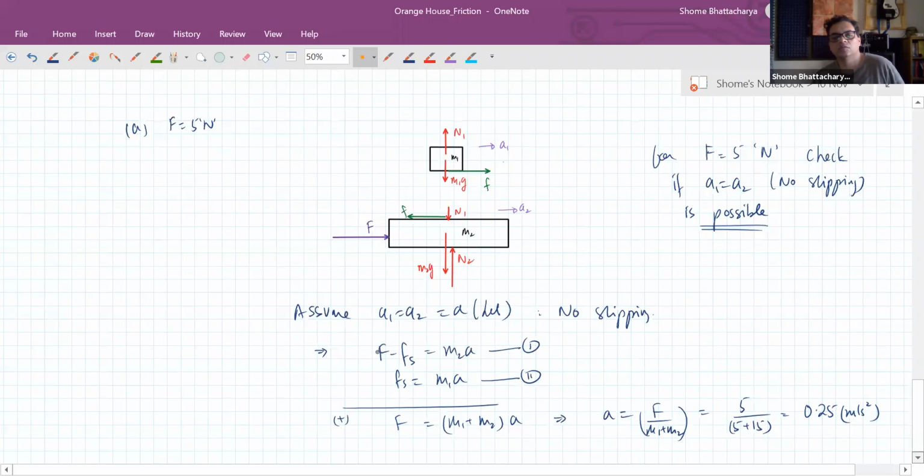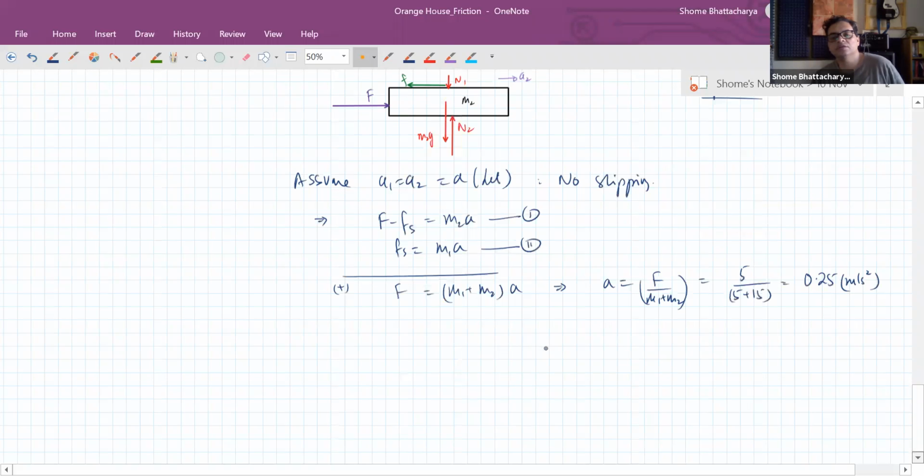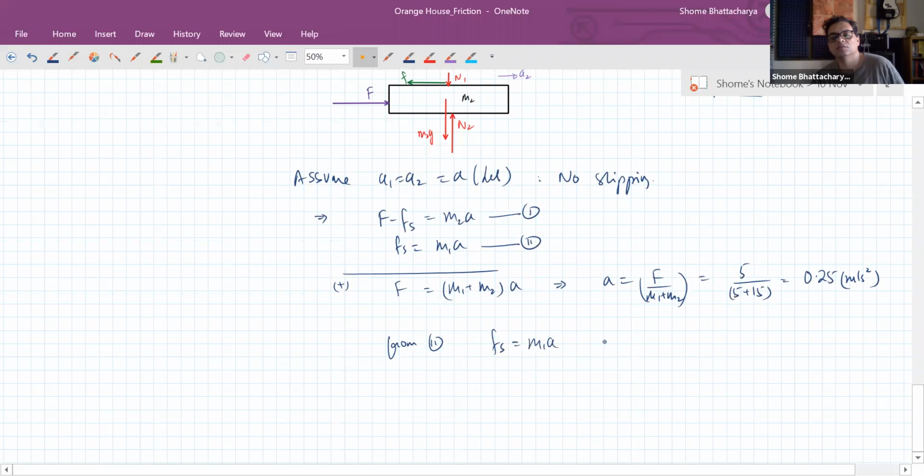Now from equation 2 you can see the static friction required. So that will become 5 kilograms multiplied by 0.25 meters per second square. So the static friction required will become 1.25 newtons. Okay.